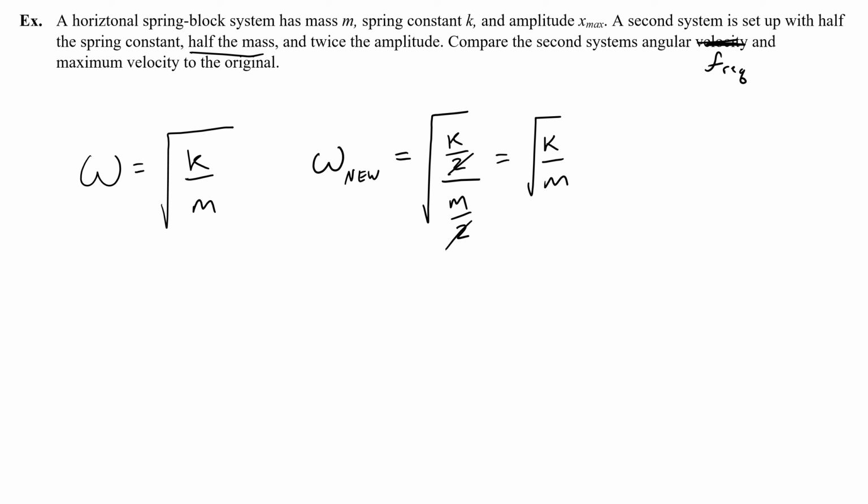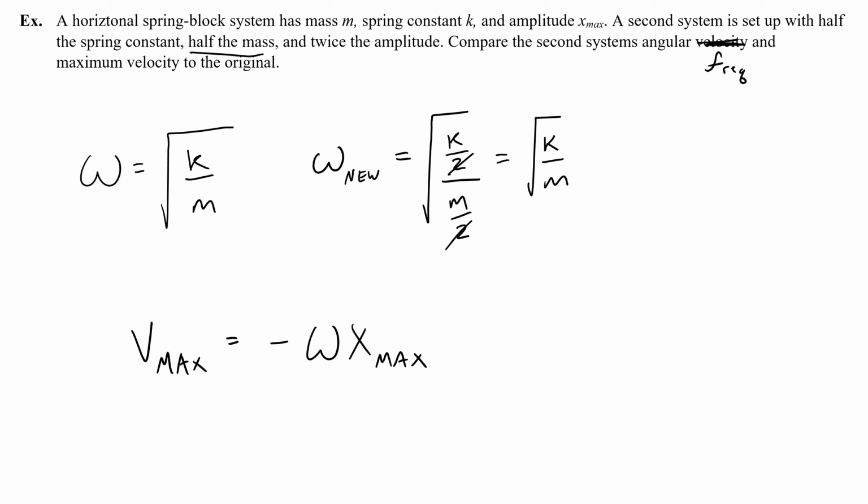What about the maximum velocity compared to the original? Well, changing the amplitude did not change the angular frequency. But the maximum velocity, if you remember from a previous video, Vmax, is the amplitude of the velocity equation, which we derived earlier, so negative omega squared times x max.